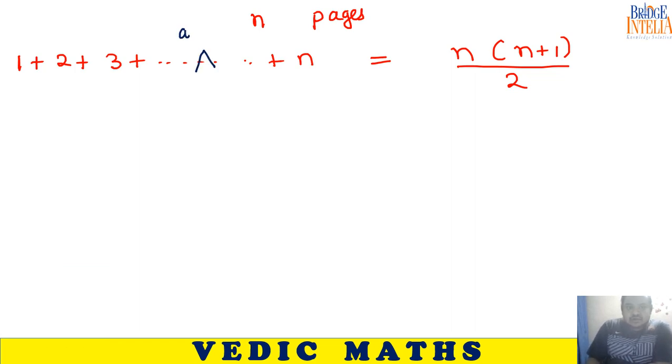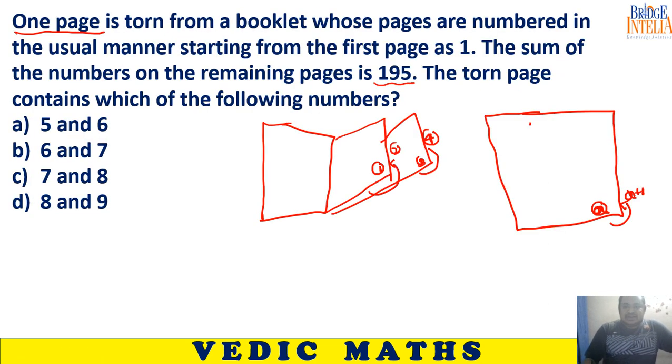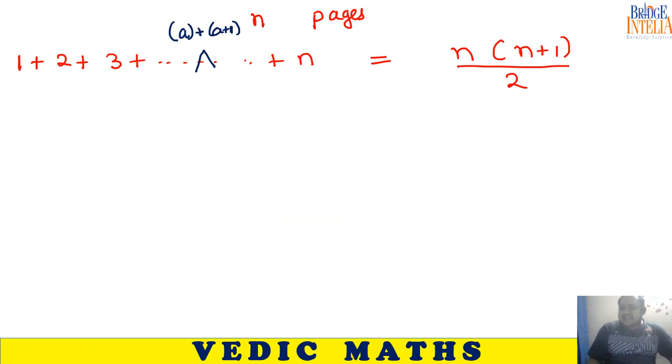So suppose that you forgot to add two page numbers, a and a plus 1. You forgot to add, and you are getting the wrong answer. You are getting the answer only 195. So which are the page numbers that you forgot to add? That means basically you have to find out the value of a and a plus 1 to solve this question.